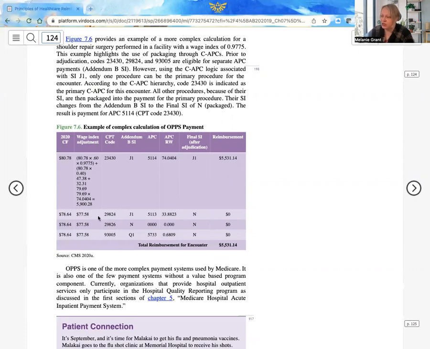Then for our additional services with this complicated one, looking at these CPT codes, I can say this is going to be a C-APC. These procedures are musculoskeletal services, so probably some fracture repairs or manipulations, and an EKG reading, it looks like.